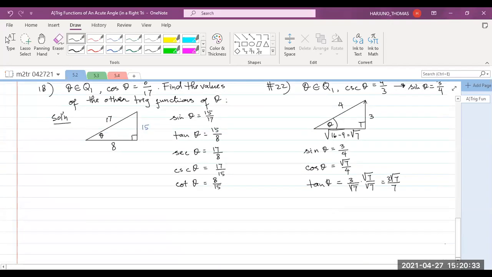Okay, now that's the first part. We have some trig functions for special angles. I call that A star: trig values for special acute angles. Those special acute angles are 30 degrees, 45 degrees, and 60 degrees.